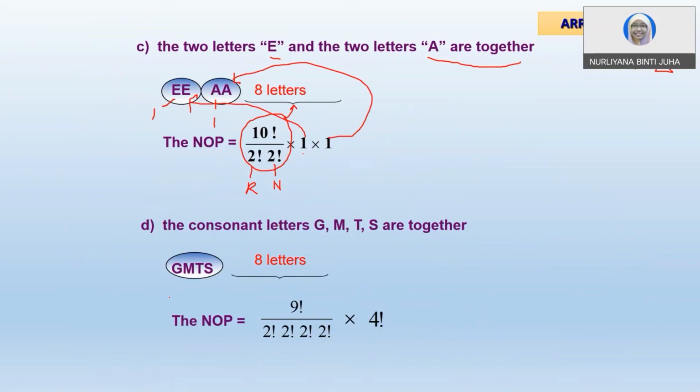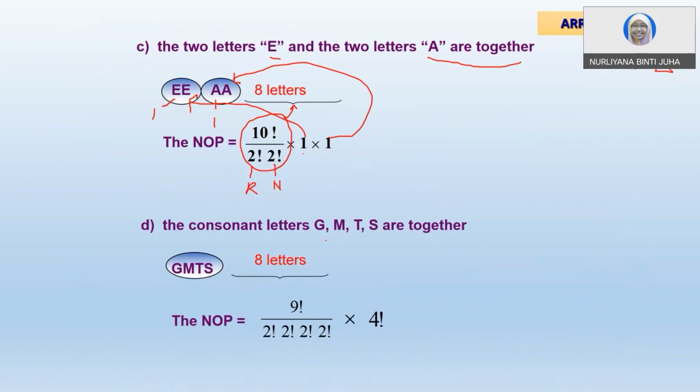Okay, untuk soalan D, the consonant letters G, M, T, S are together. Consonant lah, tahu kan? Kalau vowel tu yang A, E, I, O, U, ni consonant. Yang G, M, T, S daripada huruf arrangements ni mesti duduk sekali.